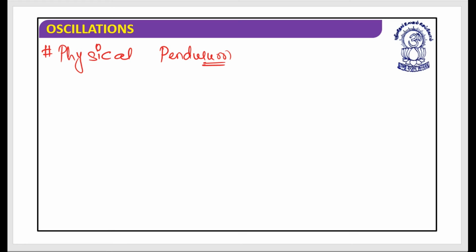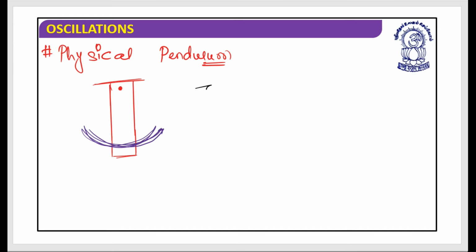Now what a physical pendulum is, it is the situation in which, let's suppose this is the rigid support, and with this rigid support we have hung one rod, and this is the point of suspension of this rod. So if I displace this rod from its initial position to this, then it will have oscillating motion like this. I hope this is clear.